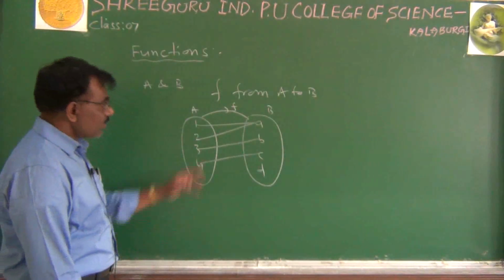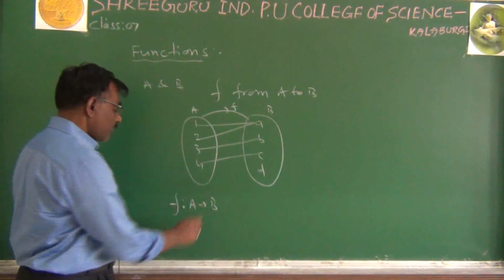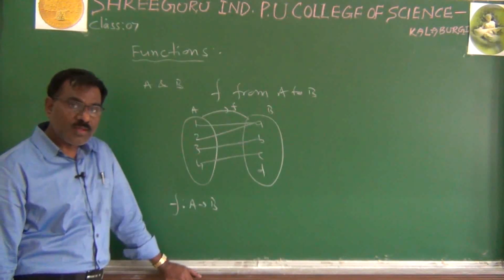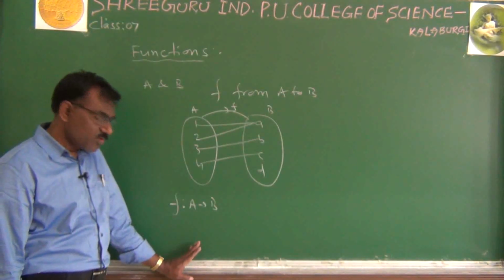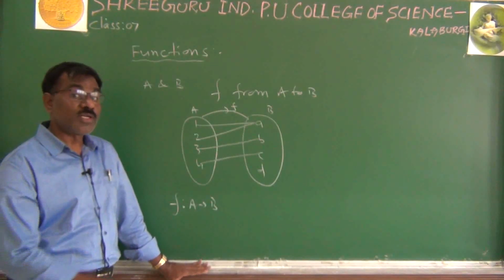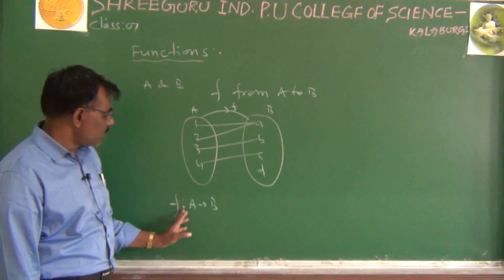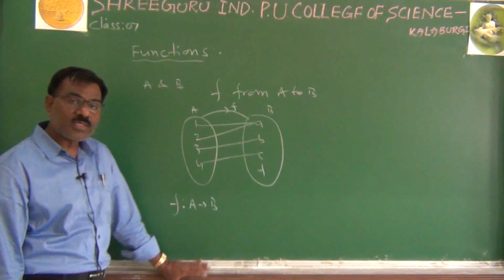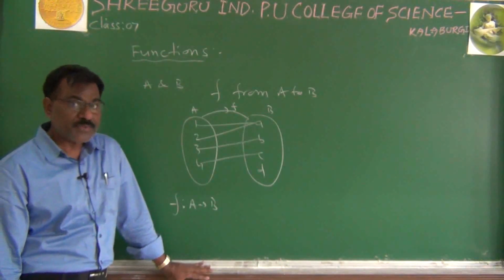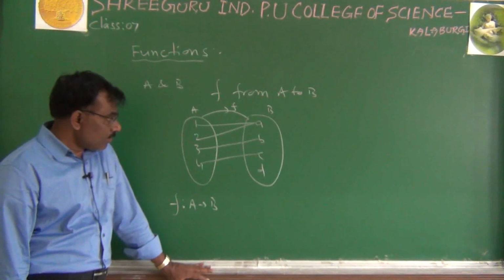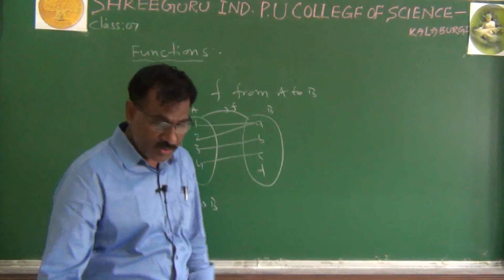The function f from A to B is denoted by f from A to B, or even sometimes f maps from A to B. It's okay. When you start types of functions, first you start with this one. What is a function?